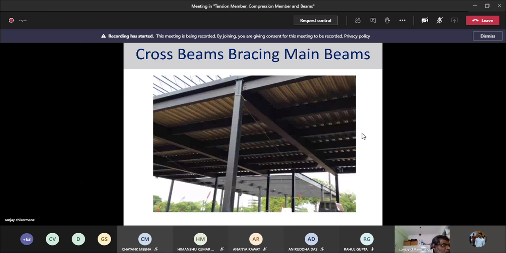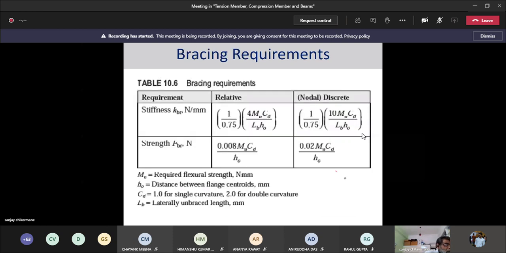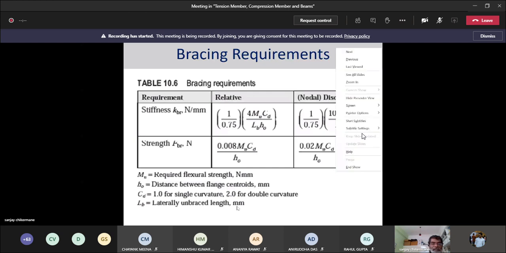Okay. So these are the cross beams and bracing.